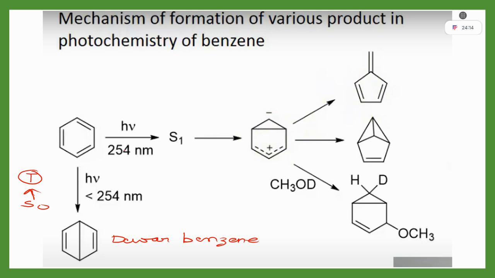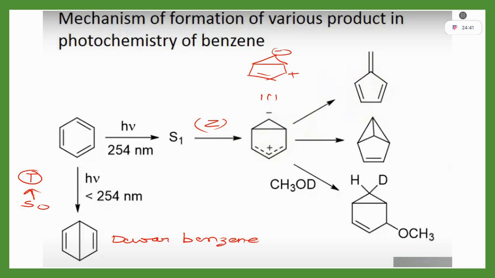When the wavelength is equal to or greater than 254 nanometer, it goes to the singlet excited state, which goes through your zwitterionic form. Yes or no? So you can also write this structure as follows.